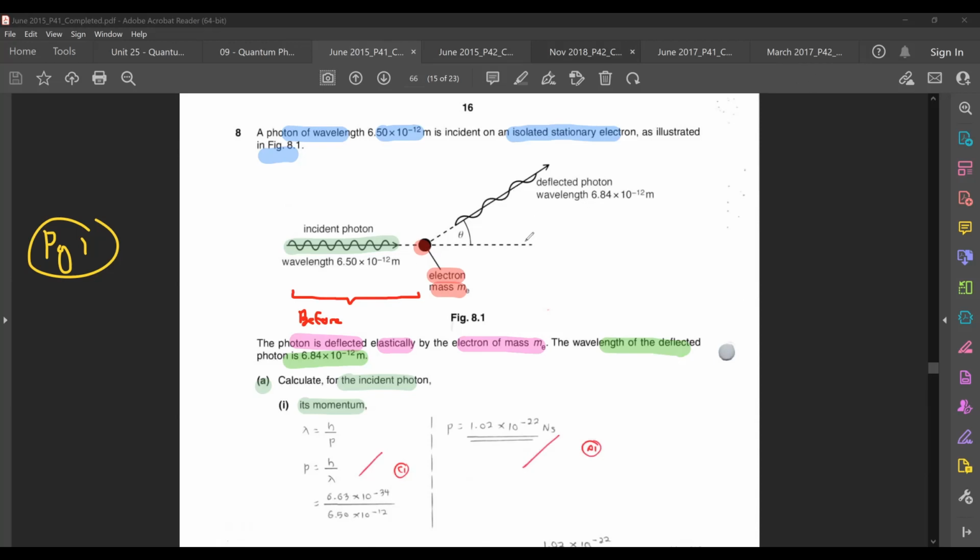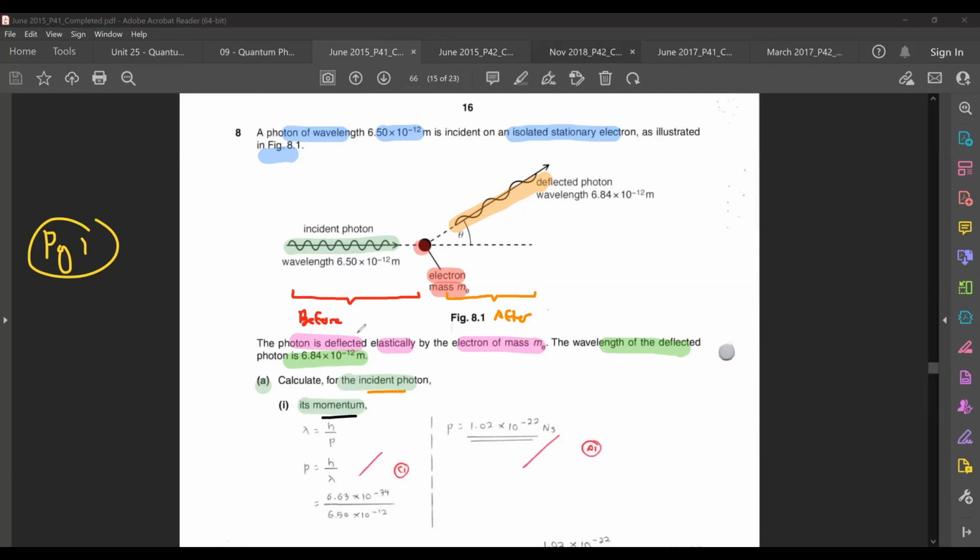Then after that, your electron would definitely move away somewhere, but it's not indicated in your diagram. What they did indicate is that your photon moves away after the deflection, after the collision. So this part here you can consider as after your collision. So for the incident photon, they ask you to calculate its momentum.